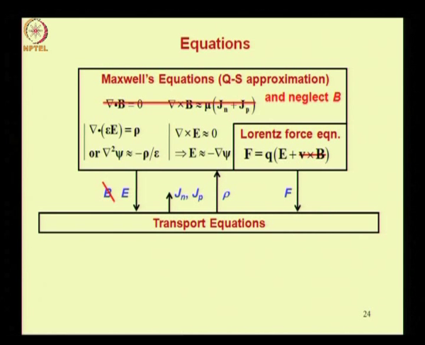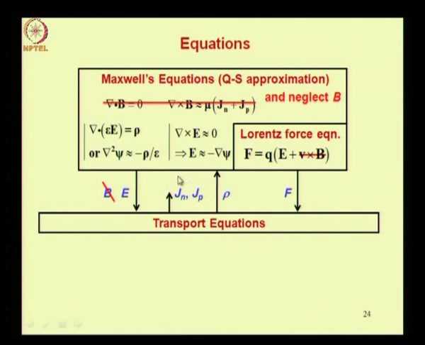Now once this equation has gone out of the picture, you no more need Jn and Jp to solve the field equations. That is why here the Jn and Jp arrow has been terminated outside the block. So this information need not be fed in to the Maxwell's equations.